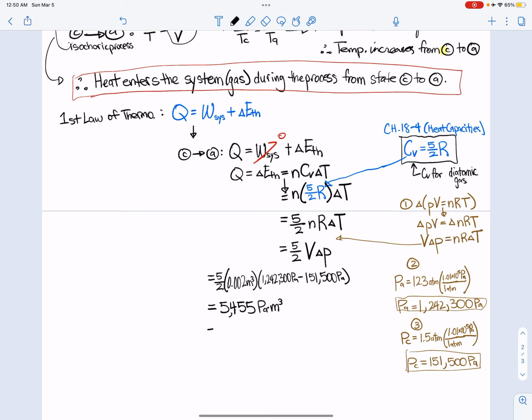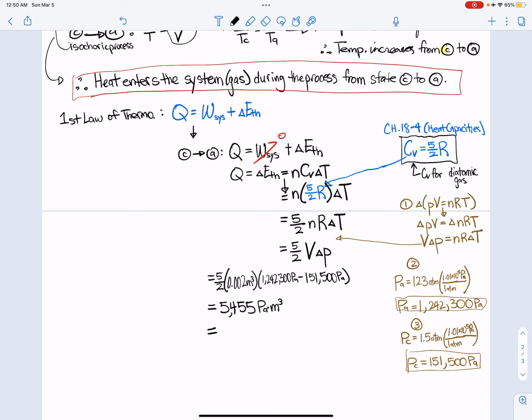And if you multiply these two units, you would get joules. If you need to find out how to do that, I do show that in previous problems, so you can look at those videos as well.